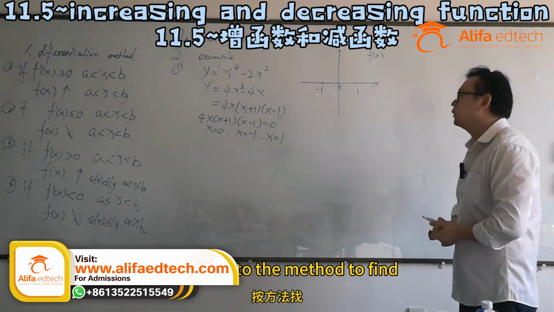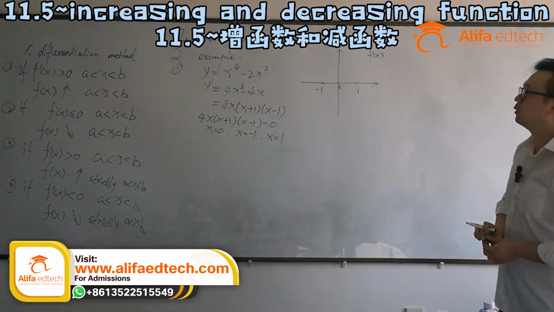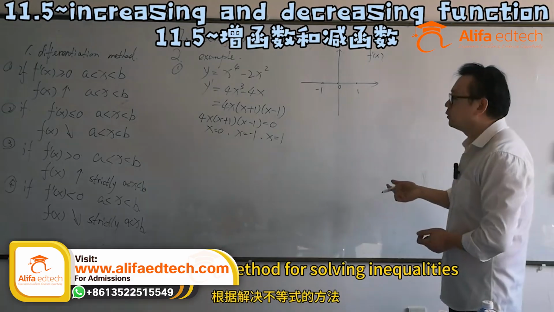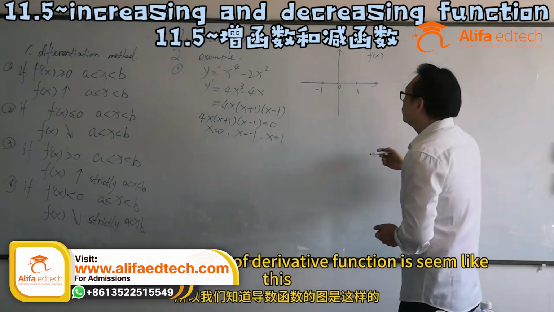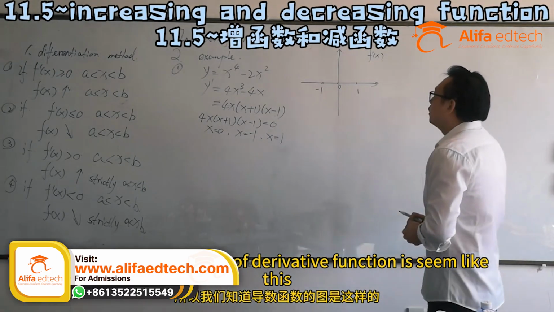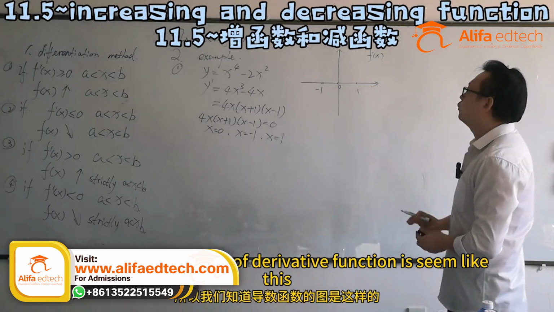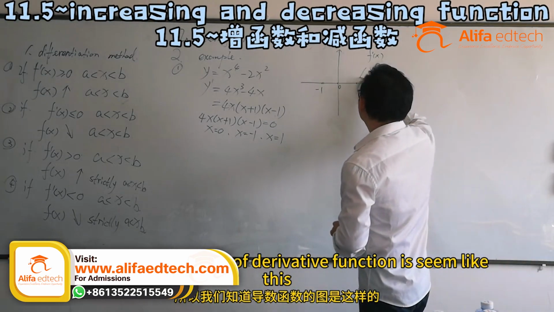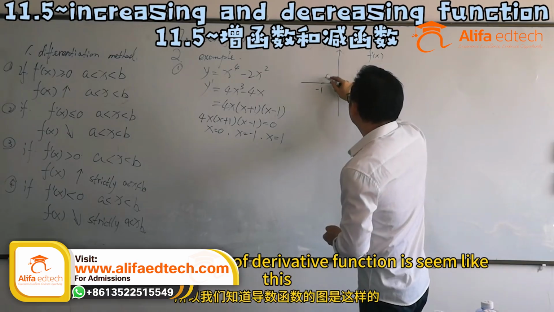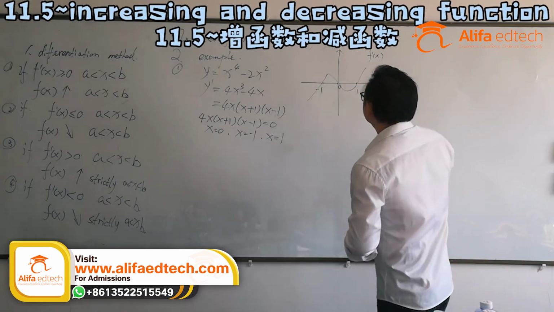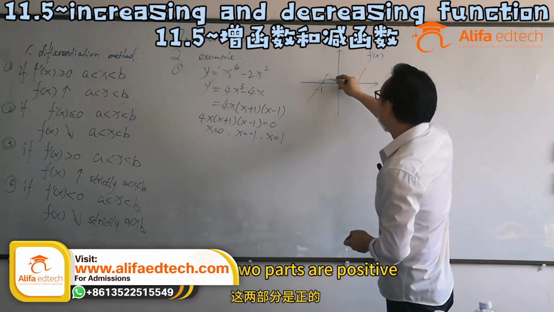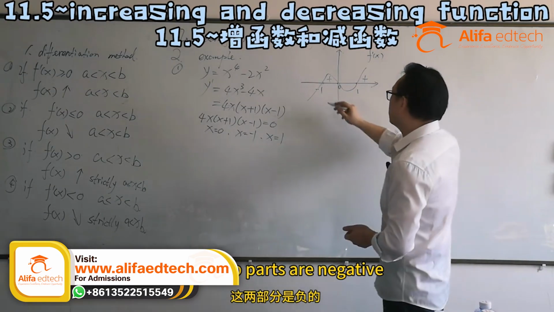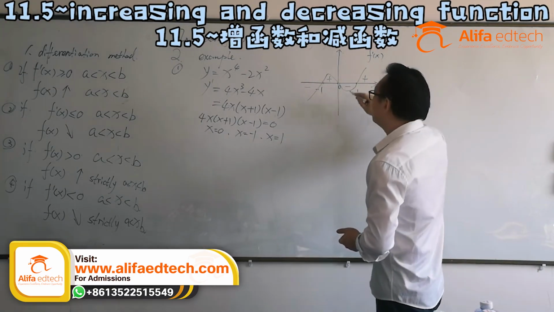According to the method for solving inequalities, we know the graph of the derivative function is like this, and these two parts are positive, these two parts are negative.